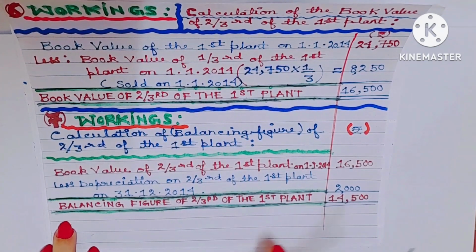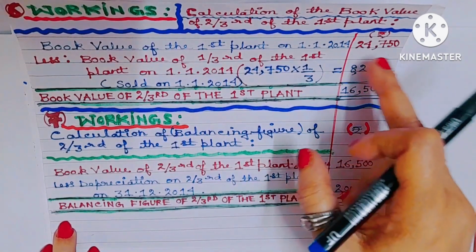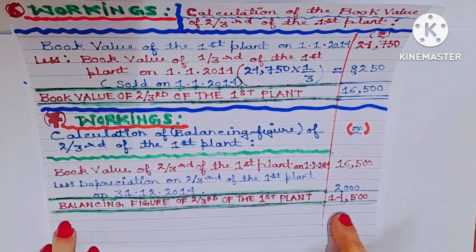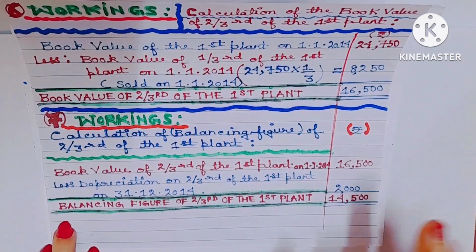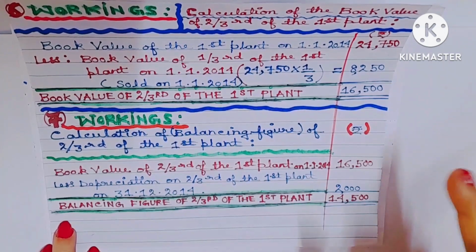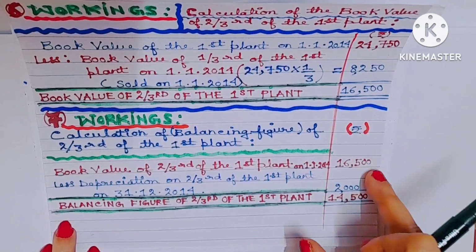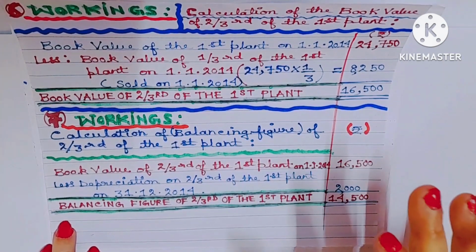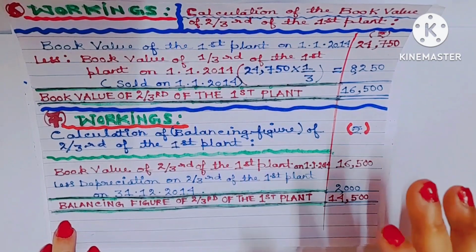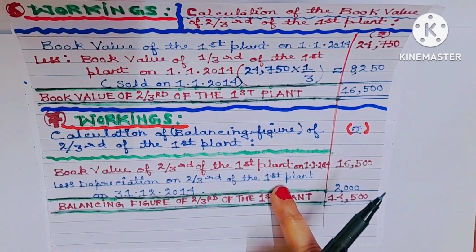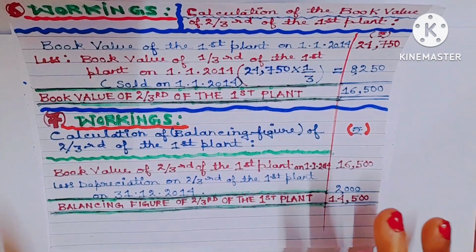If you deduct 2,000 from 24,750, you'll get the balancing figure of 2/3 of the first plant as 22,750, which is wrong. You got to find out the book value of 2/3 of the first plant on 1st January 2014 first, because the whole plant is not in the business. 1/3 of the plant was sold for 3,000. So 2/3 of the first plant is remaining in the business on 1st January 2014.